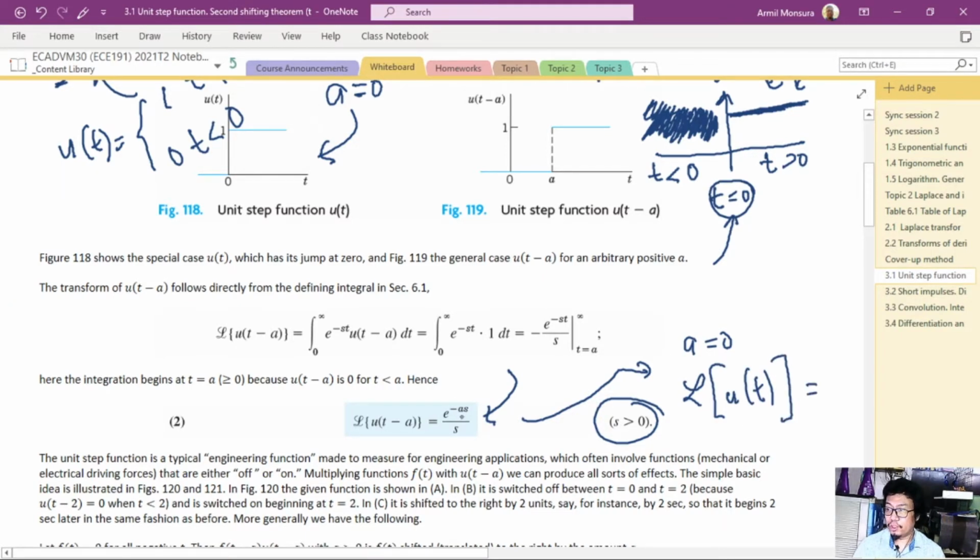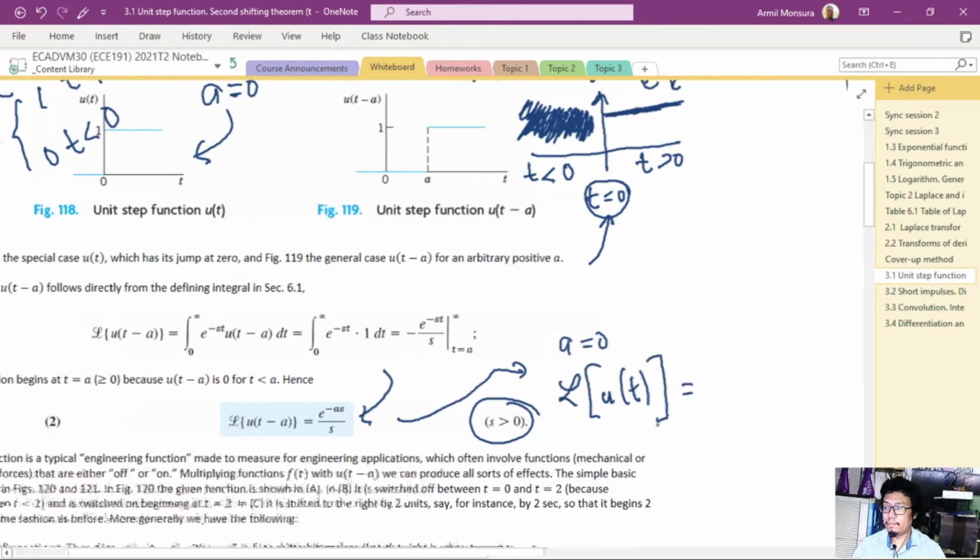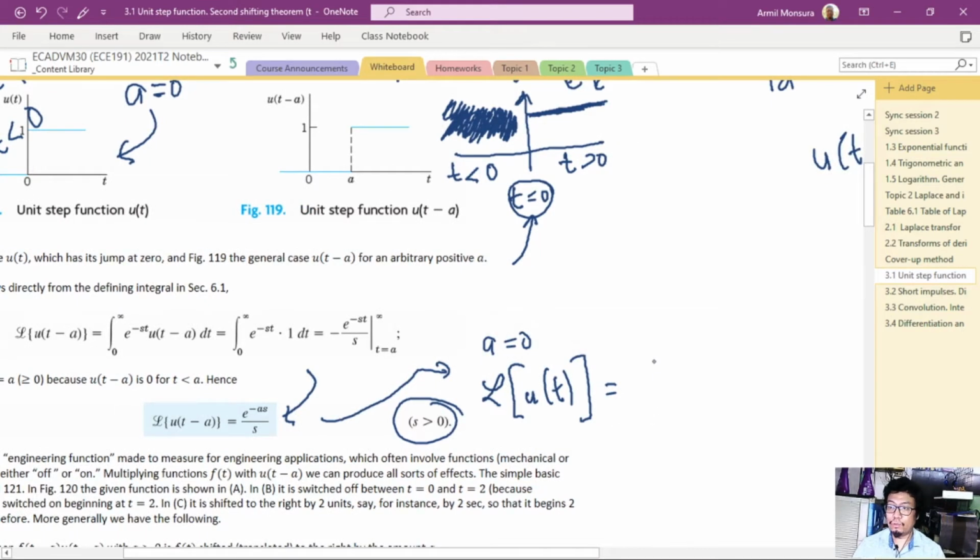This simply reduces to, since a is 0, e raised to negative as becomes 1, and in that case, e raised to 0 is 1, so we get 1 over s. And as you can see, this Laplace transform is actually from table 6.1. This is also the Laplace transform of the constant 1.